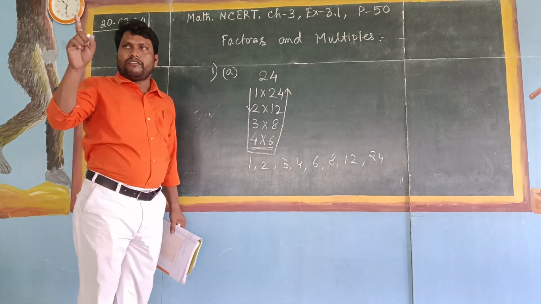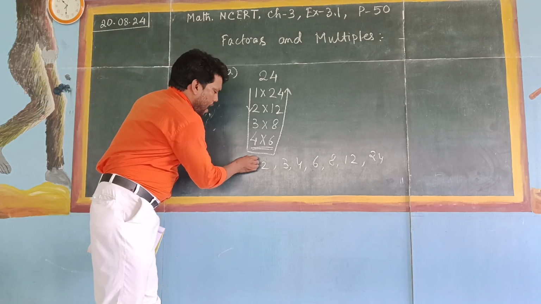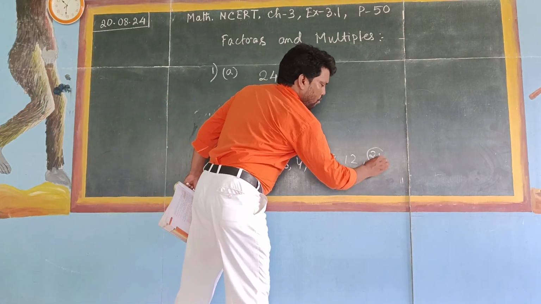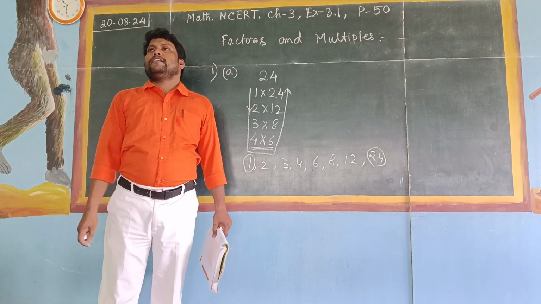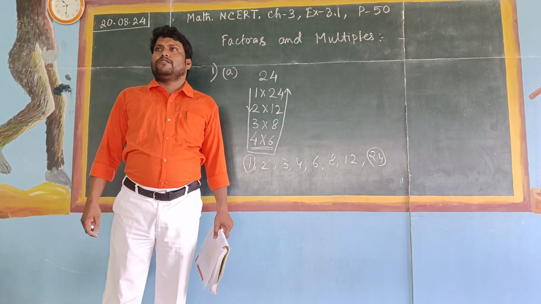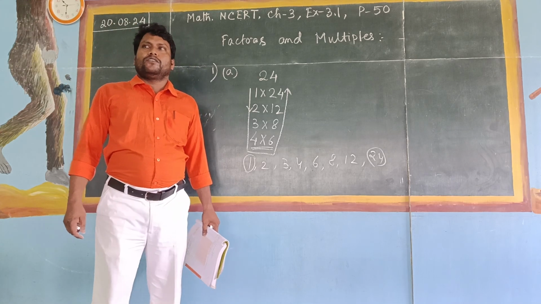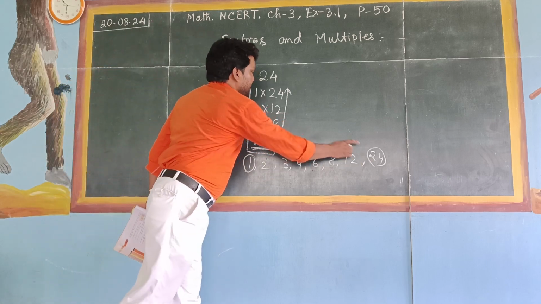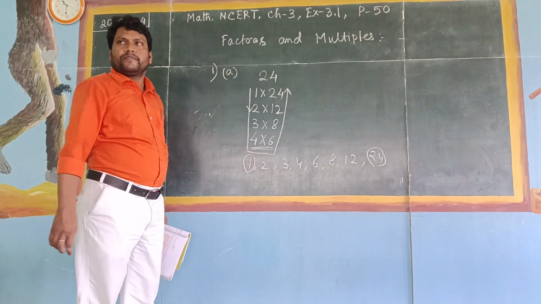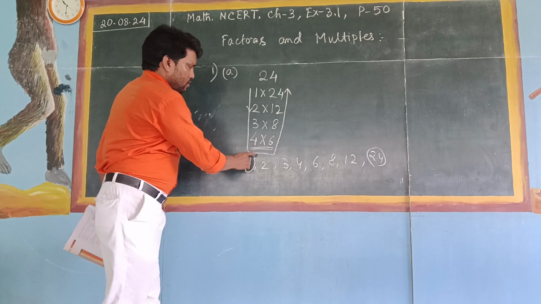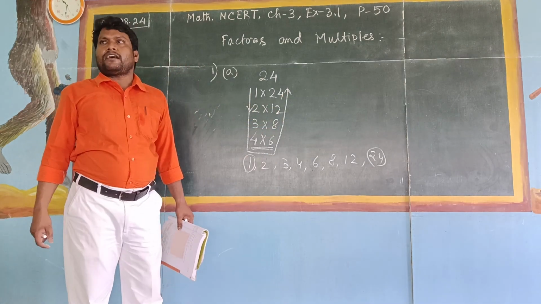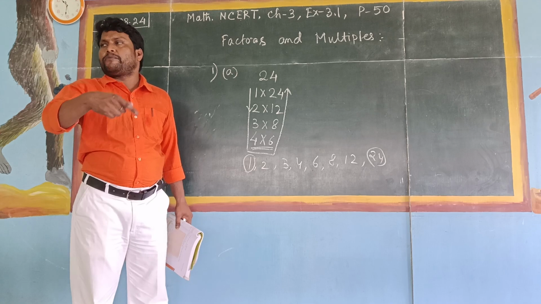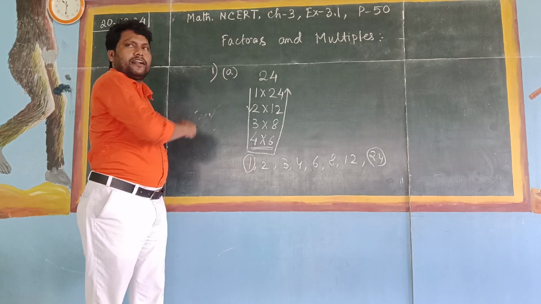You know that 1 and the number itself are the factors of the number. So how will you write? In this way. It is called the U separate turning, to write down the factors of a particular number.